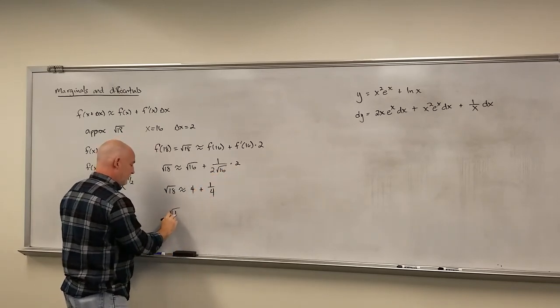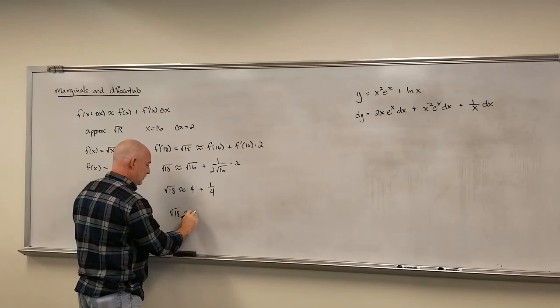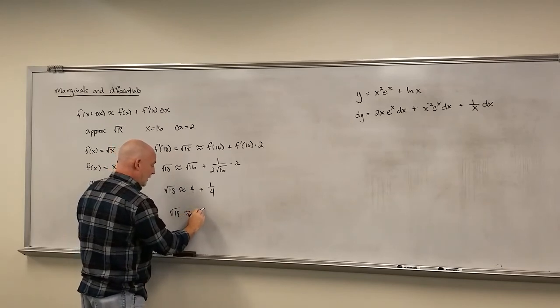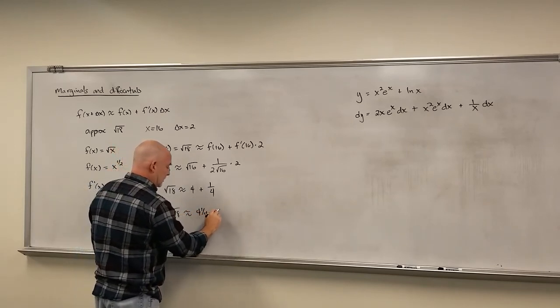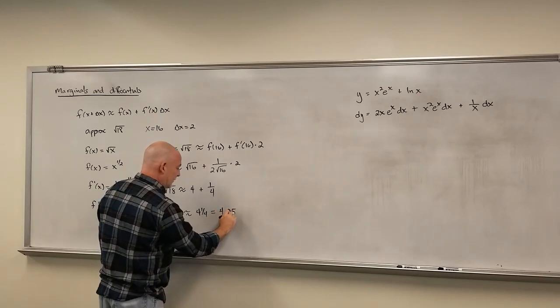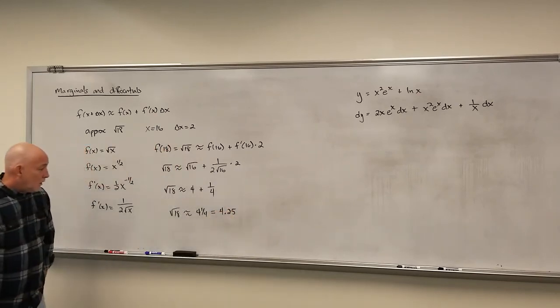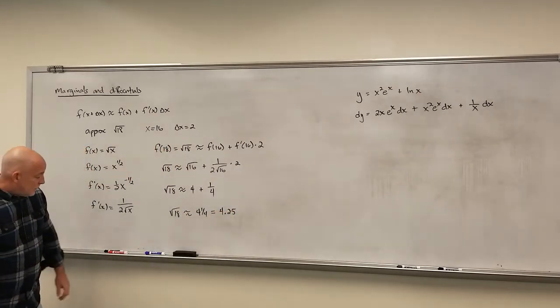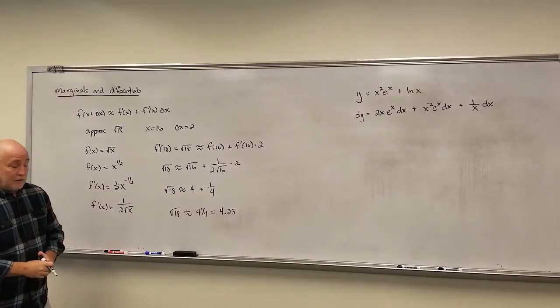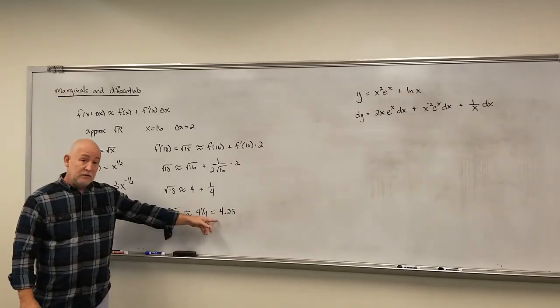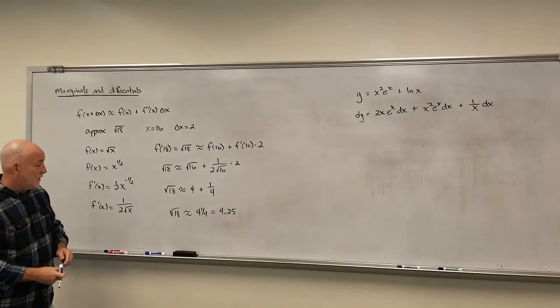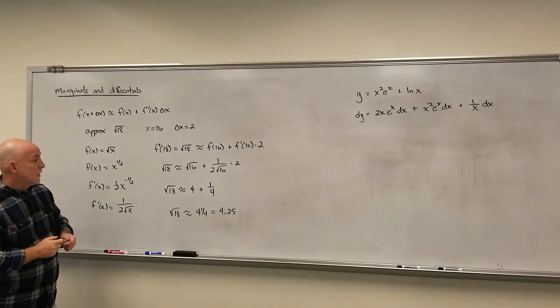So the square root of 18 is approximately equal to 4 1/4, which in this case is 4.25. All right, so as you're sitting there, do me a favor, grab yourself a calculator and see how close that actually is. You're actually going to be surprised that it's really, really close to that answer.